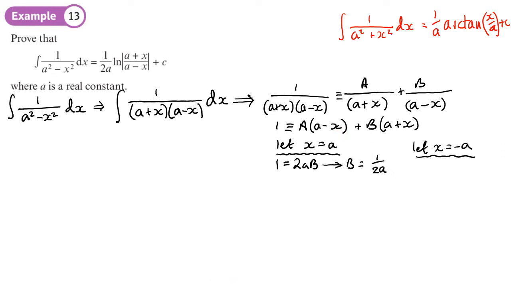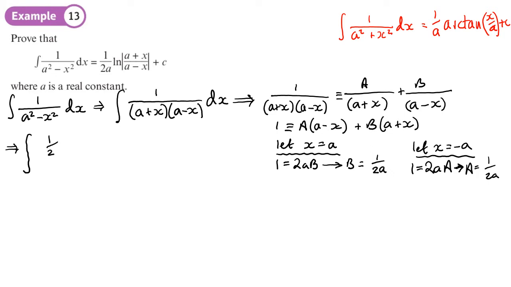So I will have 1 is equal to again 2a A, so that would mean that A equals 1 over 2a, so we get the same values for A and B.